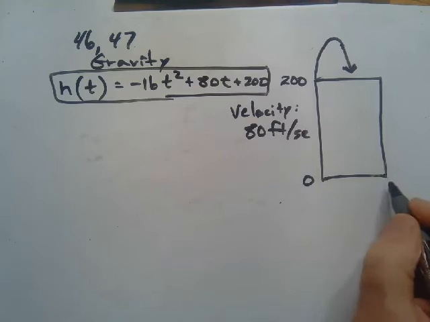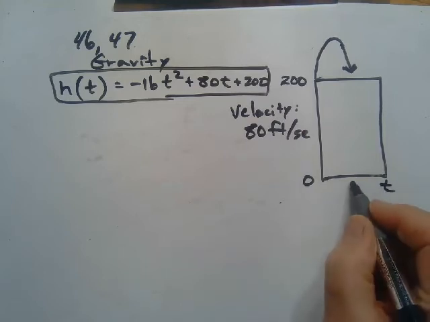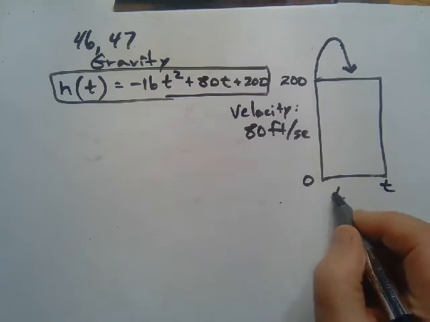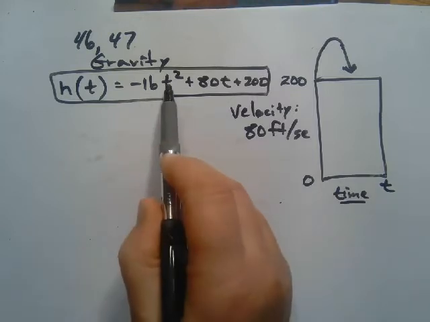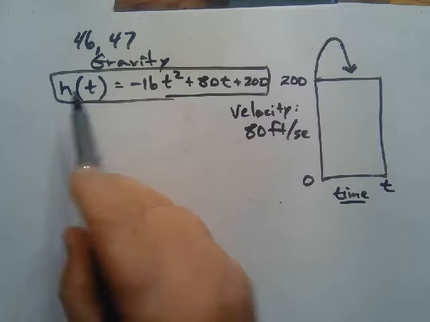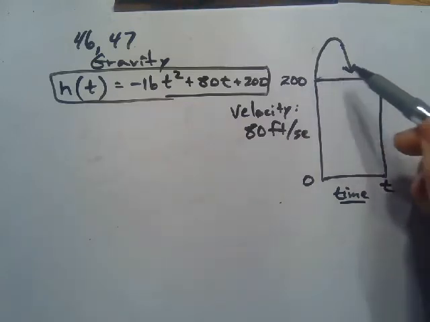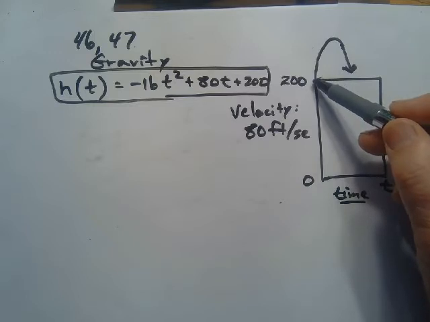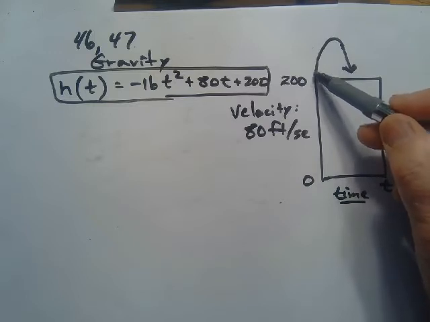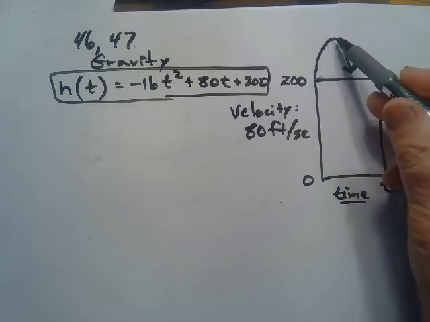T stands for time, so let's put t down here in terms of time. And as time elapses, the height changes. As time goes on, the height of that particular object changes. Right when it's fired, it's at 200, but then after that, it goes up and then it comes back down.